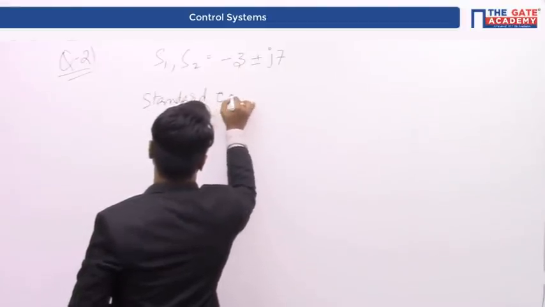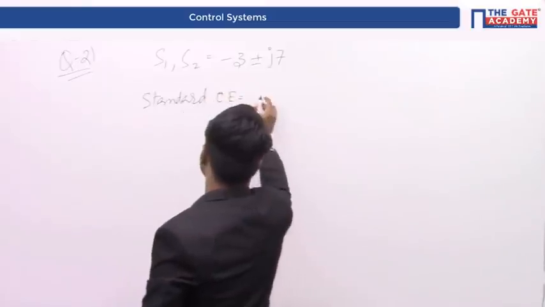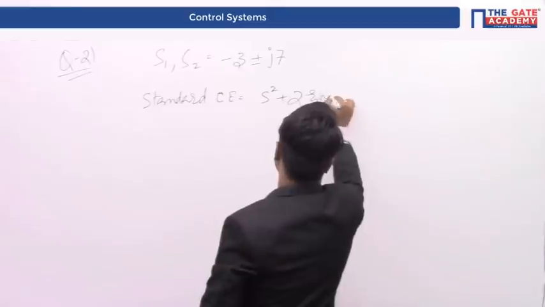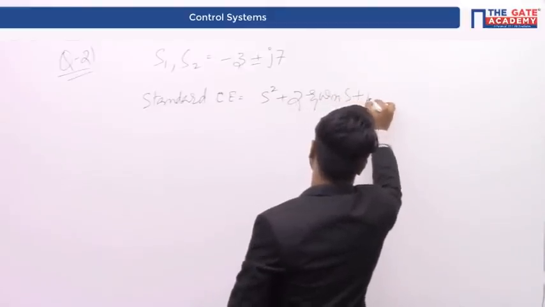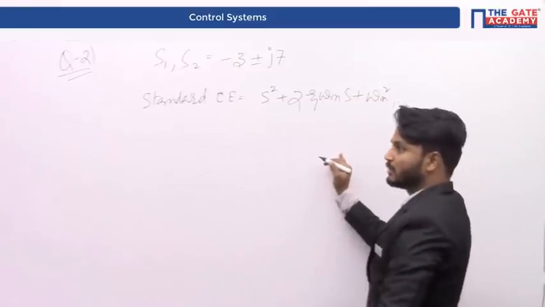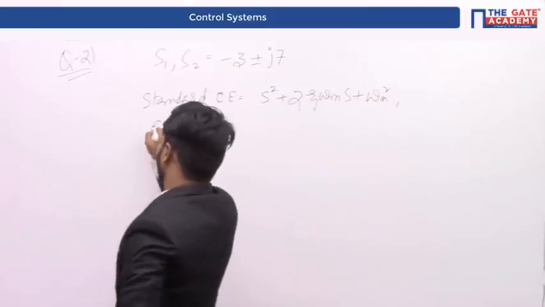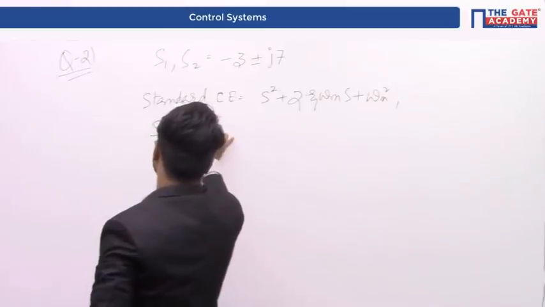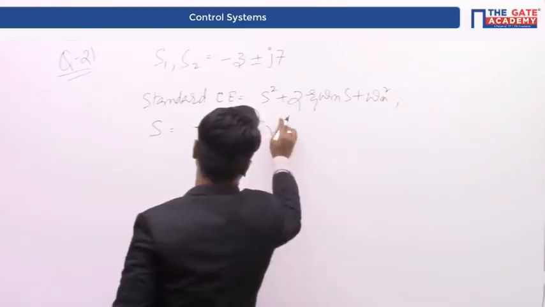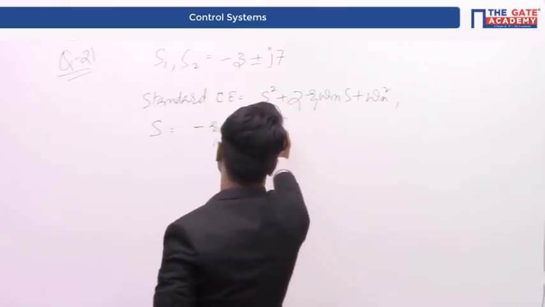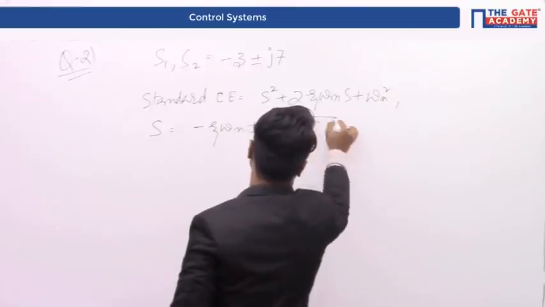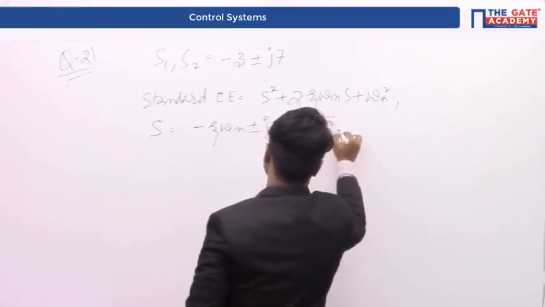The standard second order characteristic equation is something like this: S square plus 2 zeta omega n into S plus omega n square. If you solve this particular equation, the roots you will be getting are S is equal to minus zeta omega n plus or minus j times omega n under root 1 minus zeta square.